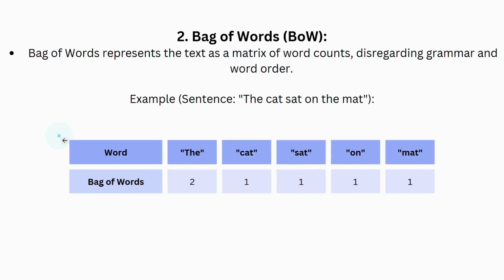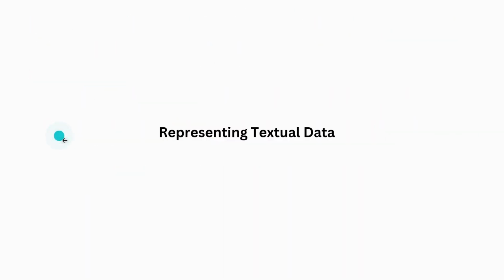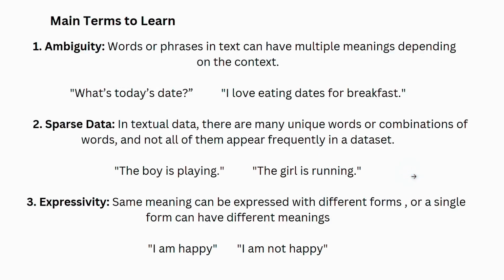Thank you. Now we repeat all the topics once again. Here first we talk about representing textual data. Next we discuss the main terms of ambiguity, sparse data, expressivity.